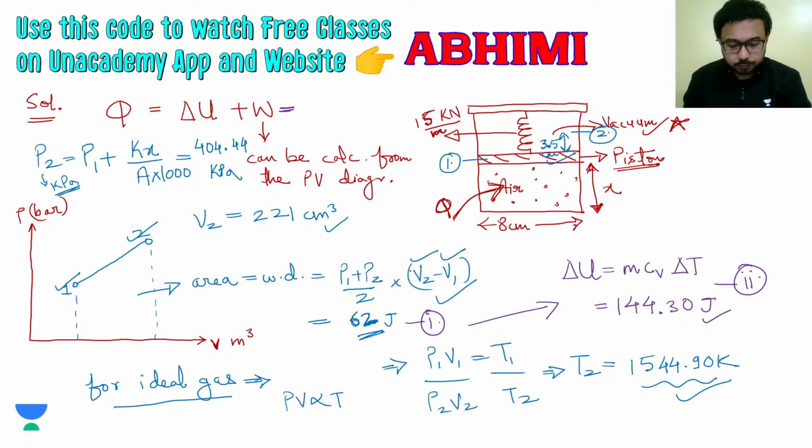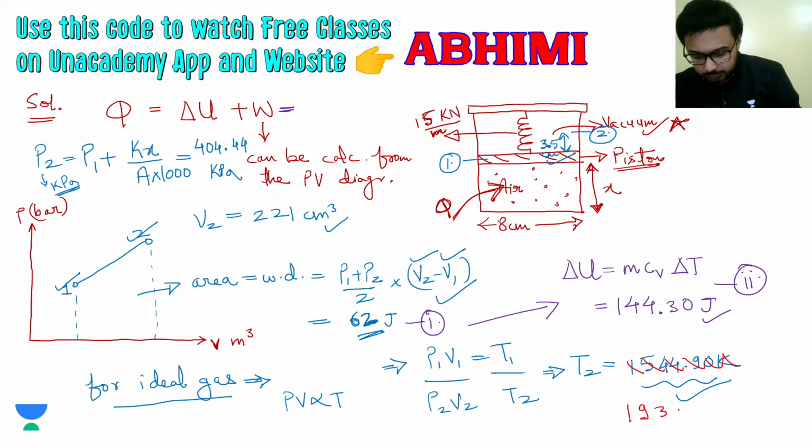So it will be 221 divided by 300 divided by 45. So the temperature is coming out not this, because the concept was very much right. It is coming out as 1939.90 Kelvin.